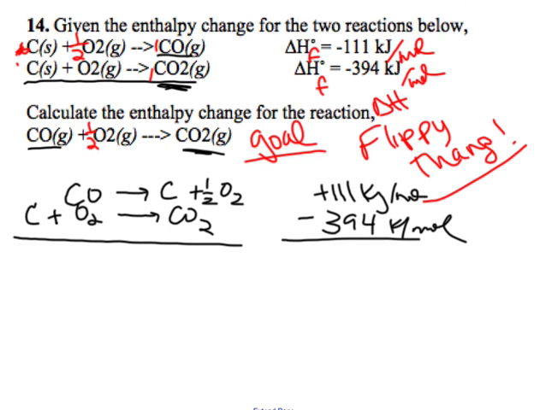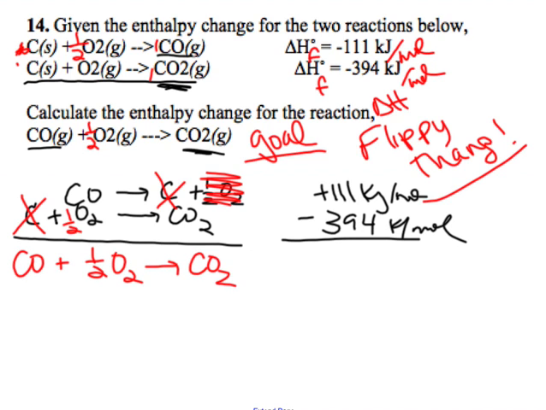All right. Now to add these, we can cancel stuff out. We're going to have to clean house, get things that are the same out of both sides. What can we cancel? Carbon goes. We can also clean house. If we get rid of 1/2 O2, that leaves us a half on that side. So we get CO plus 1/2 O2 makes CO2.